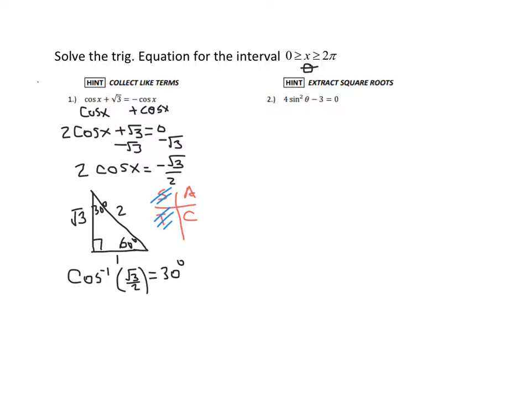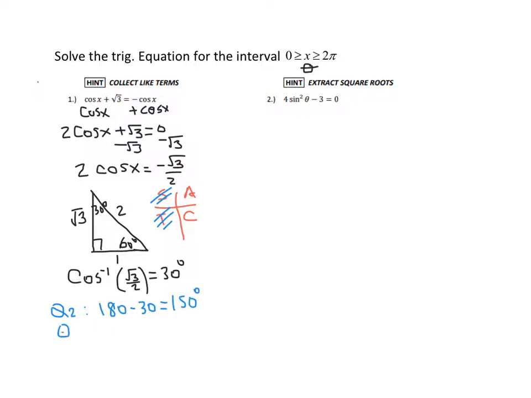So what I have here, 30 degrees, is a reference angle in that quadrant. So in quadrant 2, the answer is going to be 180 degrees minus 30 degrees, which is equal to 150 degrees.